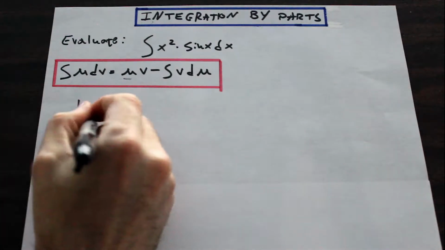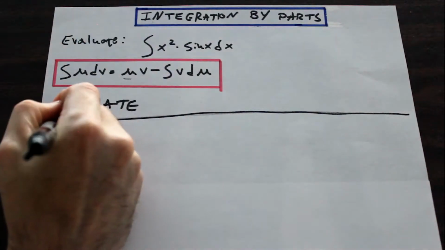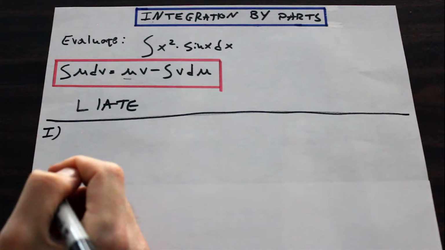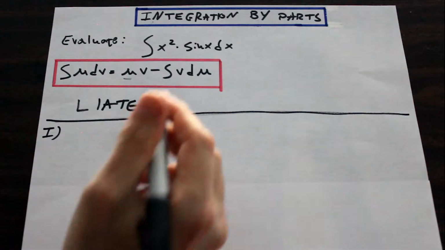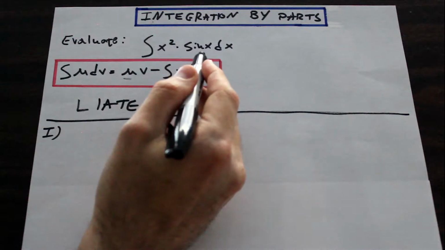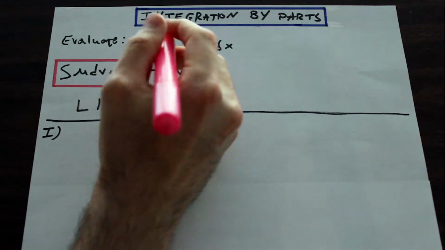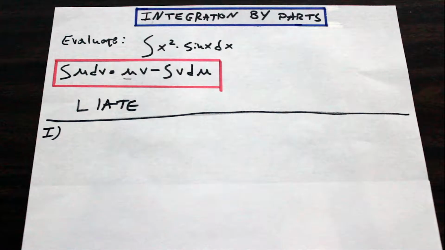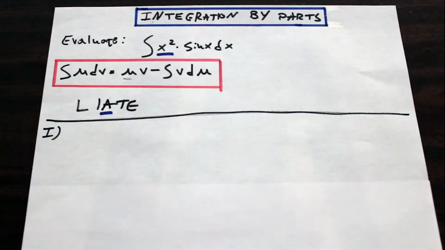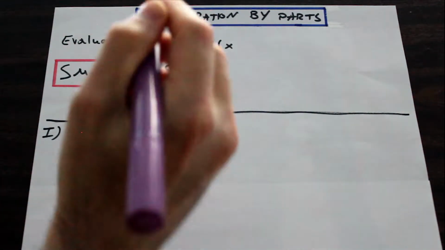Just remember to try and keep everything neat and tight. That's the best way to not forget anything and get everything done. So here we have an algebraic function and a trigonometric function. As we can see, this is the algebraic and this is the trigonometric.